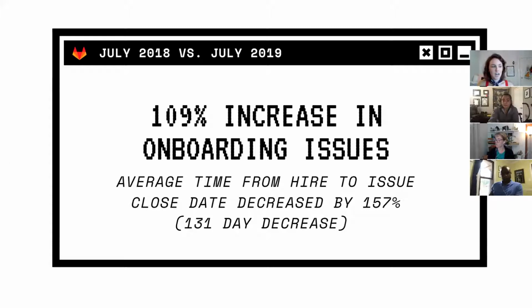So yeah, it's been pointed out to me, and I think this is something to consider moving forward, that hire date to issue close date isn't going to be the most perfect metric, since we are sometimes closing onboarding issues if they've reached a certain amount of time open.